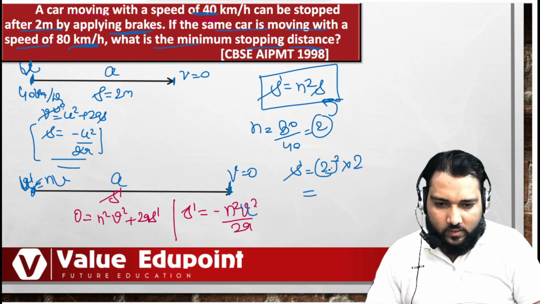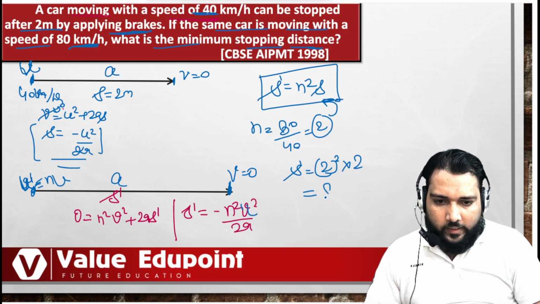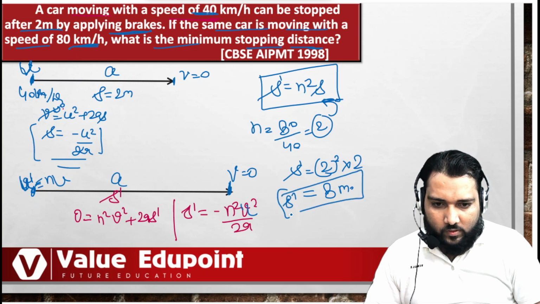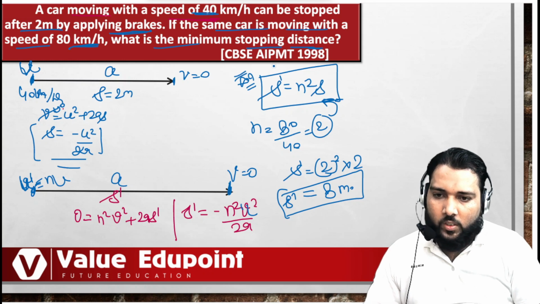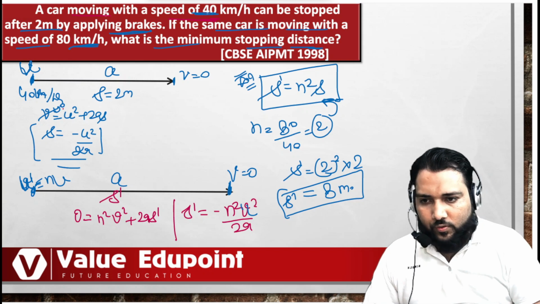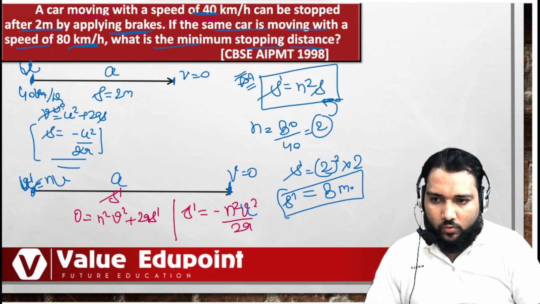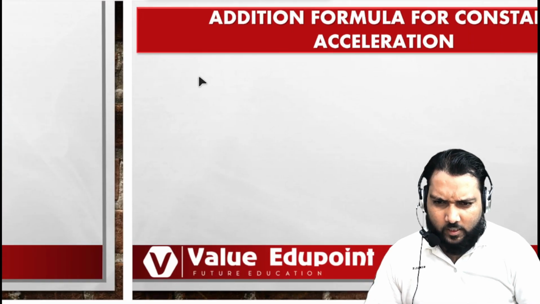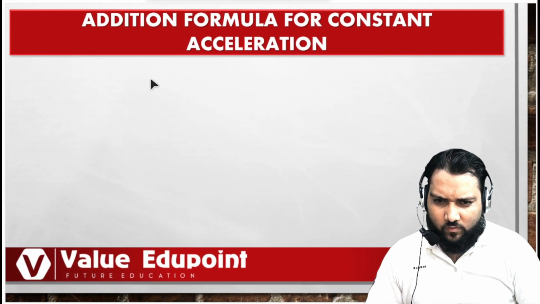So this will come out to be 8 meter, guys. So remember this general formula, that is again important from an objective point of view. But with the basic approach, you can solve this question. No need to remember so many formulas. Go with the basic approach, guys. Easily you can solve the problems.